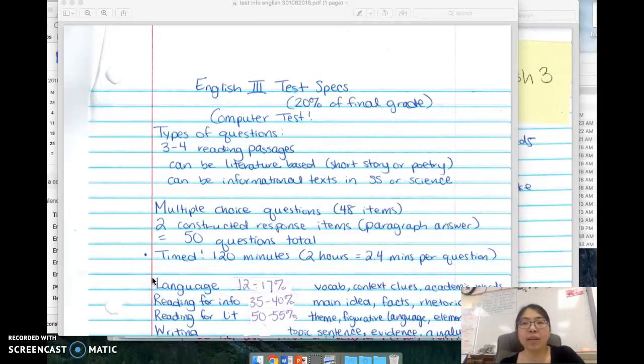So for the English 3 test, it is 20% of your final grade, and the test is going to be on the computer, on the laptop. So please make sure you come and have your laptop charged. You also probably want to come in a little bit earlier, like 15 minutes or so, so you can make sure that your laptop is working well.